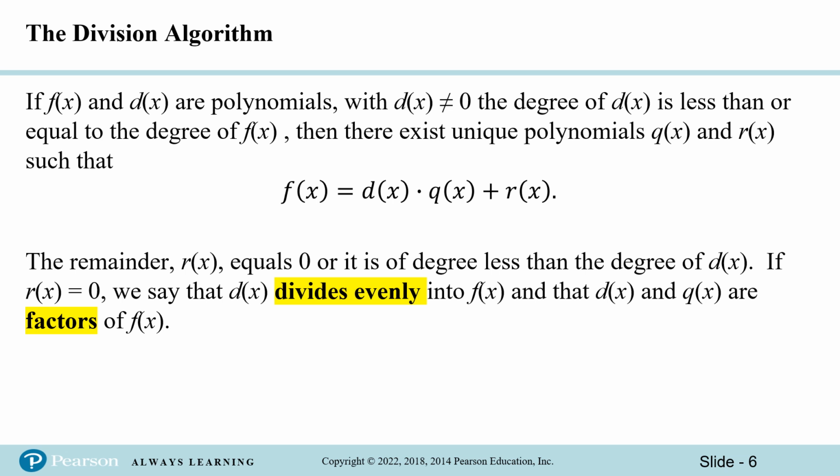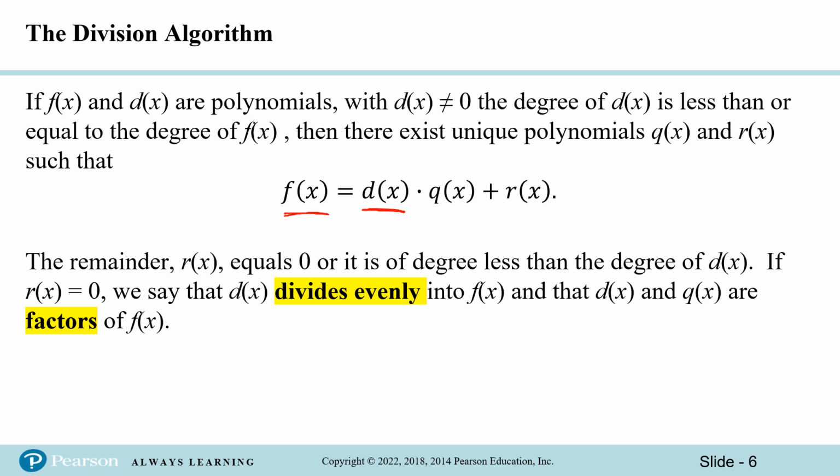Okay, what does this say? f(x) and d(x) are both polynomials. The degree of this one is less than or equal to the degree of this one.